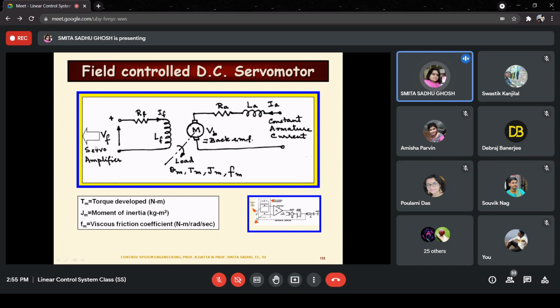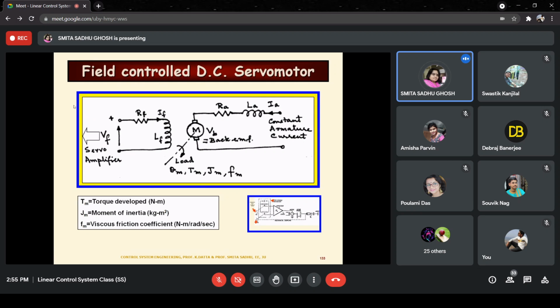The servo amplifier is not part of this particular diagram; the left pointing arrow means it comes immediately before this servo motor unit. The field voltage is the control signal being applied, because we are studying a field control DC servo motor.